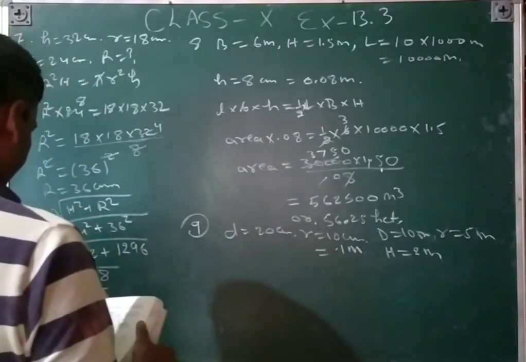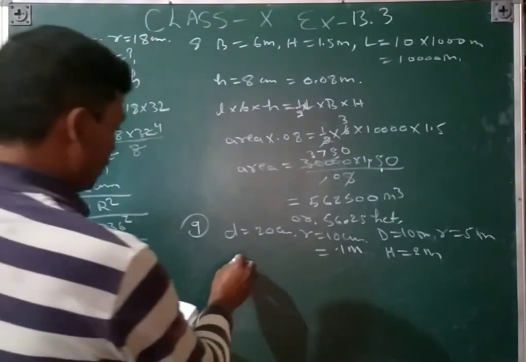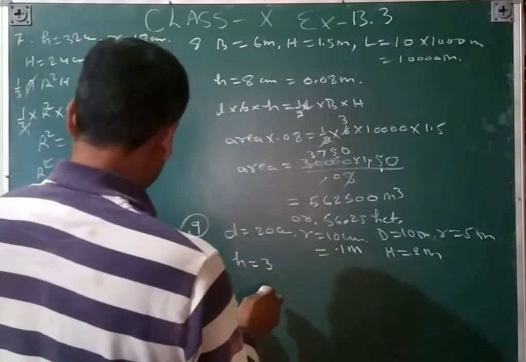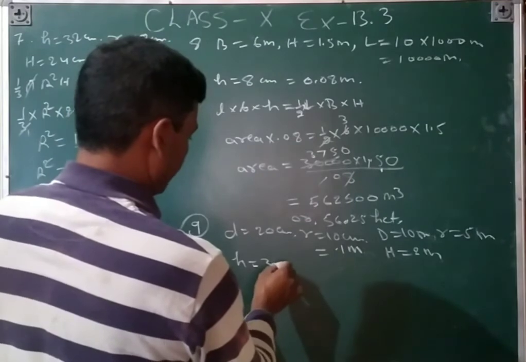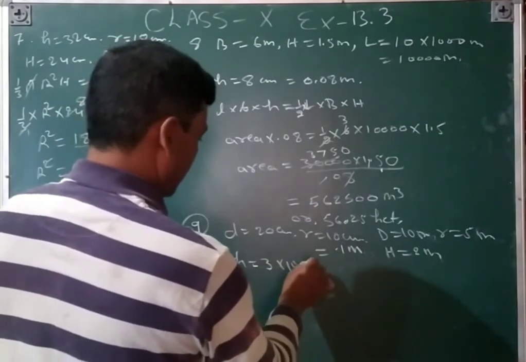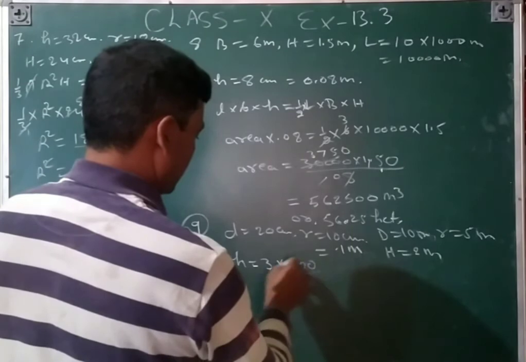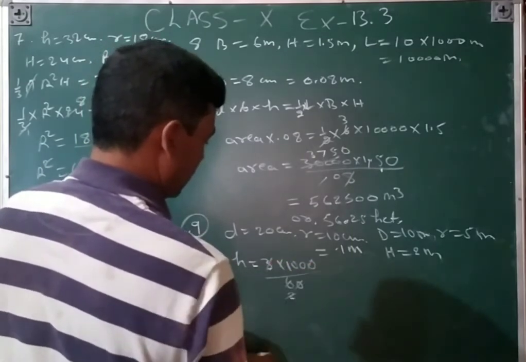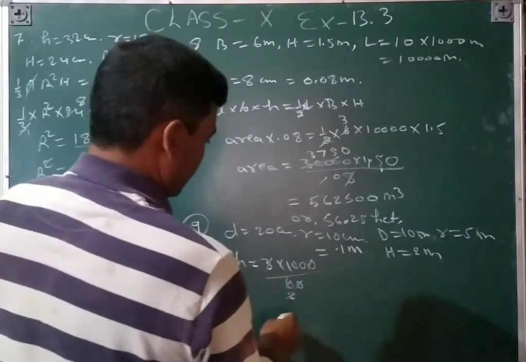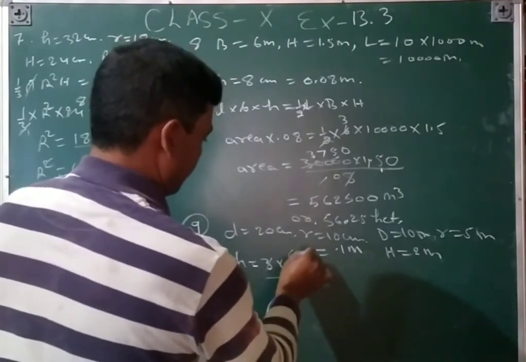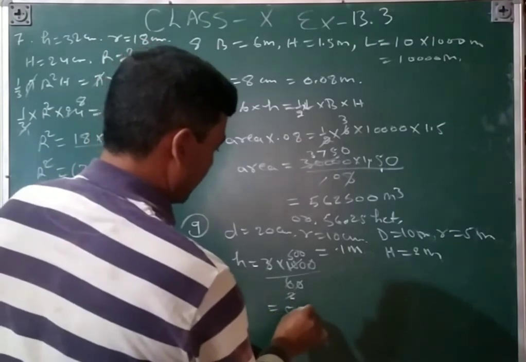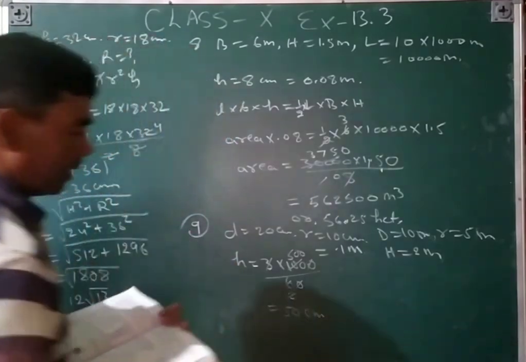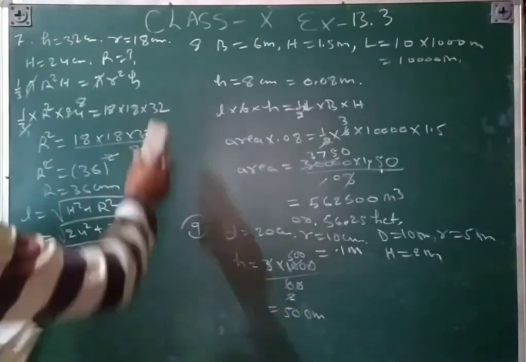And then the speed is 3 km per hour. 3 km means we multiply by 1000 upon 60, 0 cancel by 0, 3 2s are, and then 500, that will be 500 meter per minute.